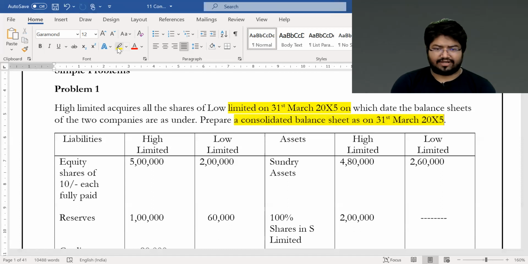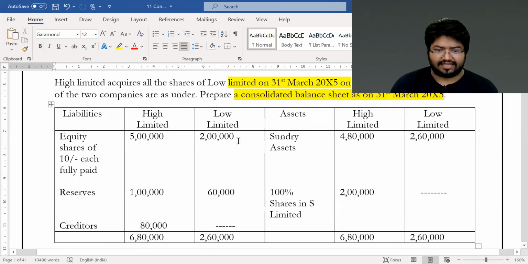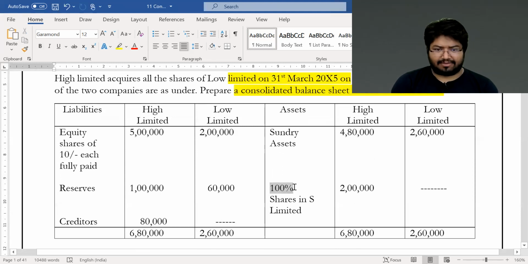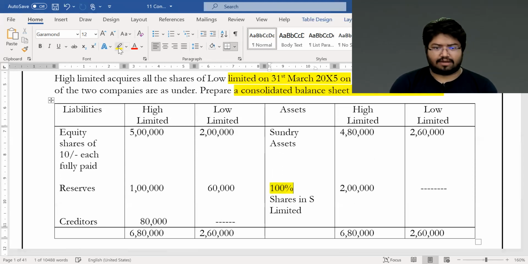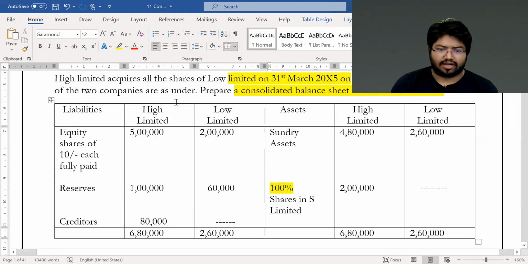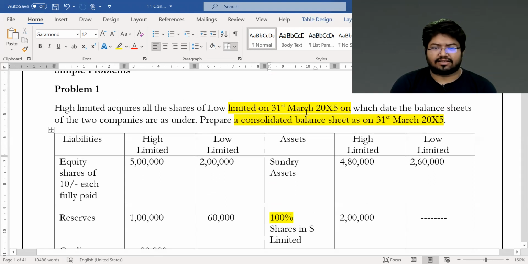The third important thing is how much stake am I purchasing in that company? So considering these three, I would take them into my consolidation workings.